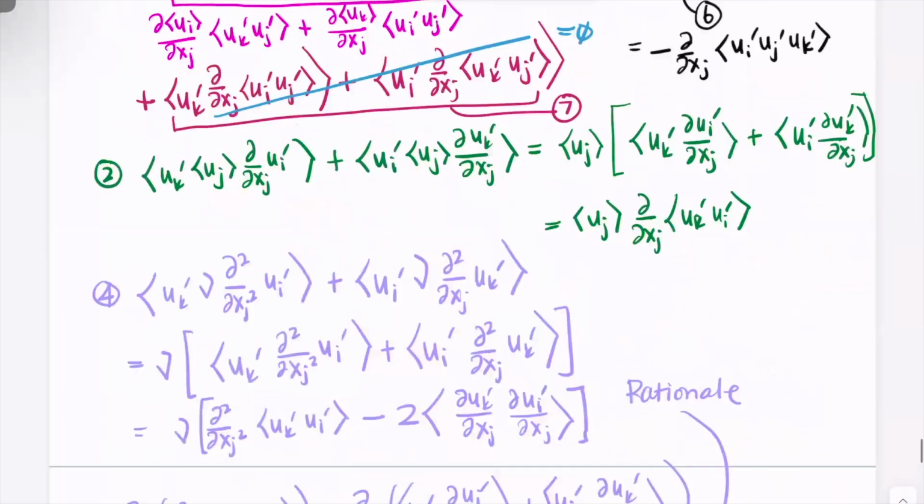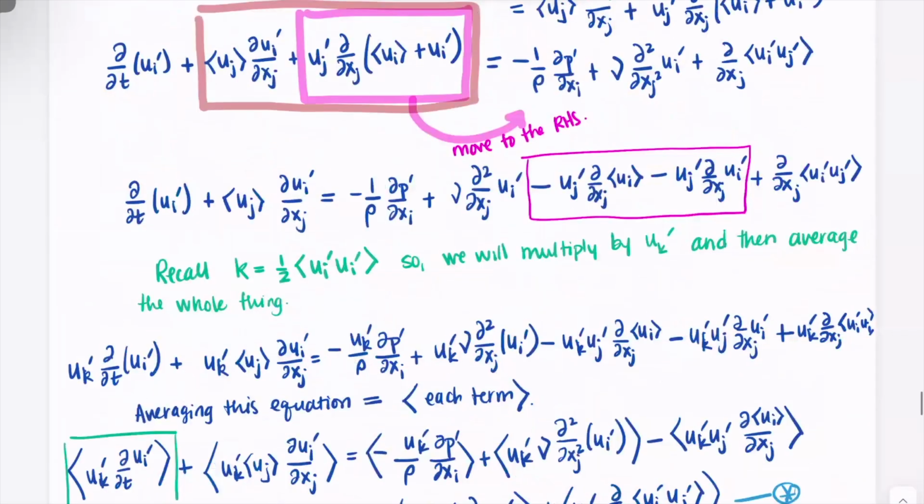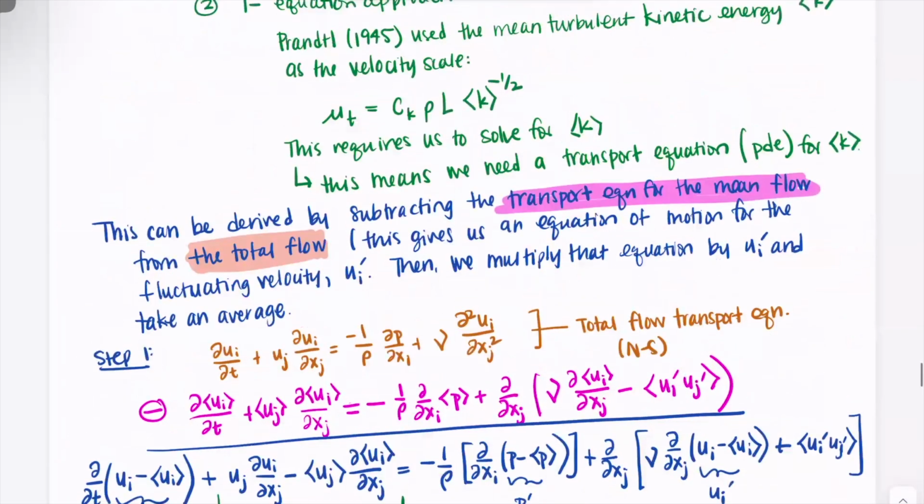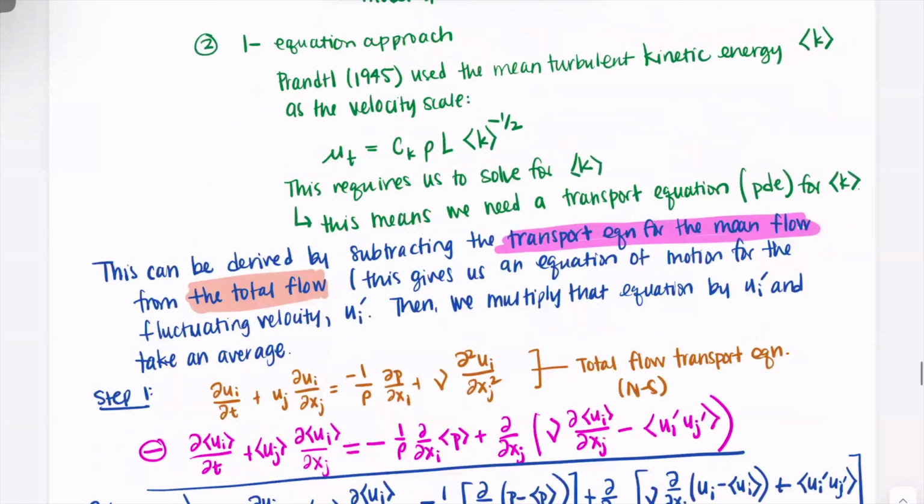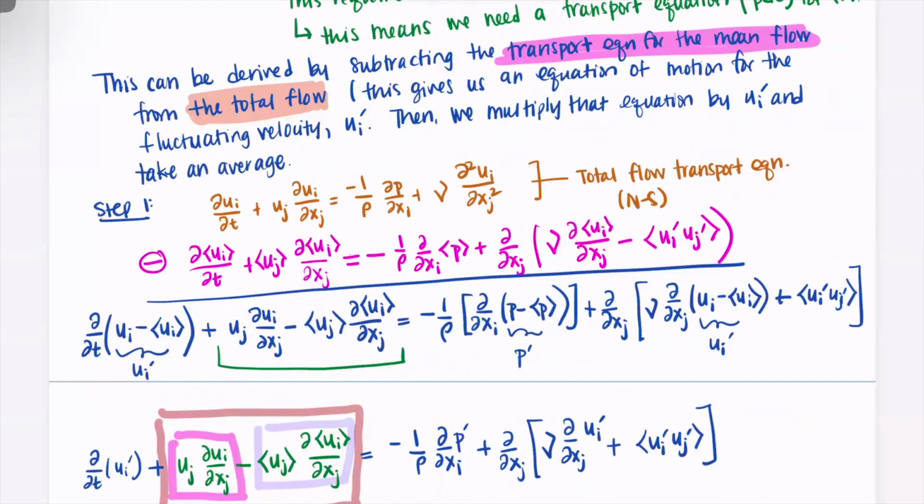I wanted to quickly recap what we did last time, which was we derived the transport equation for the Reynolds stress tensor. We did that by starting with our Navier-Stokes equation and subtracting off the mean version of the Navier-Stokes equation.